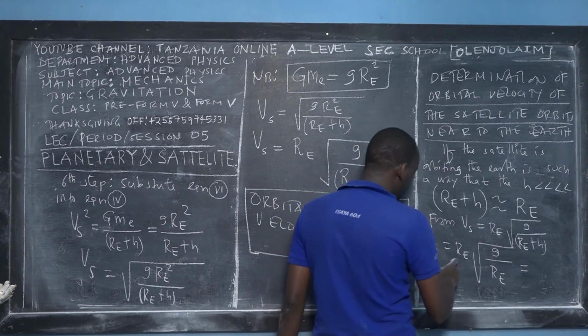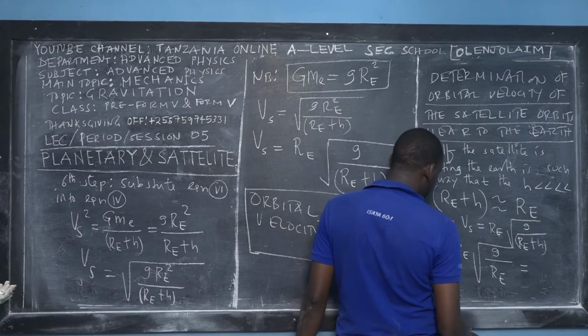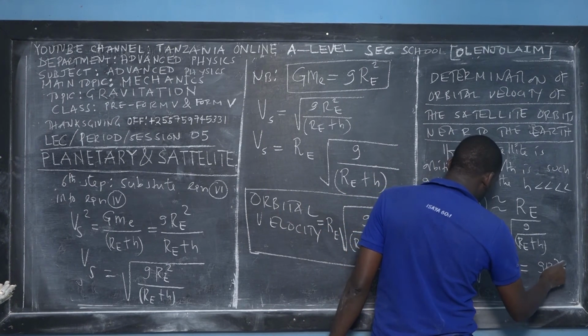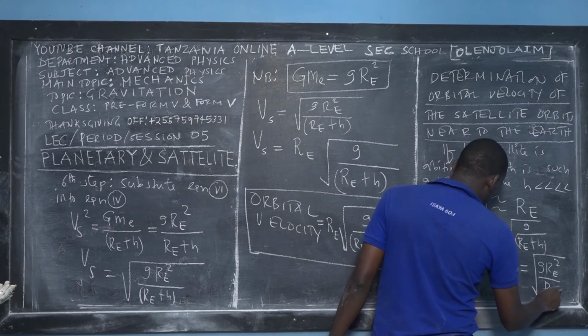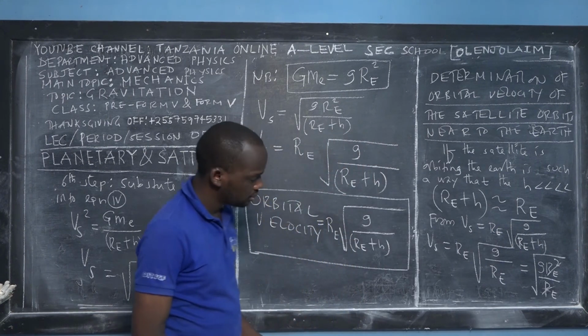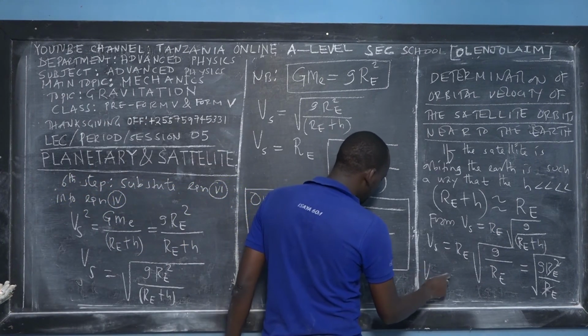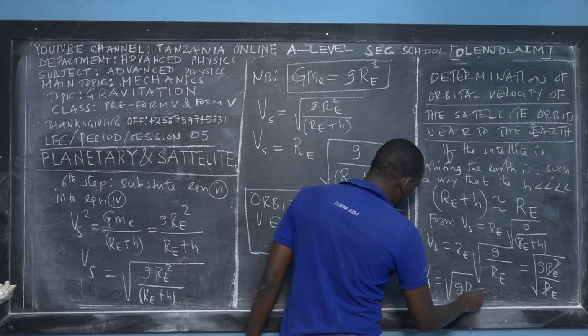If you simplify, you apply the radius of the Earth inside the square root, hence you'll find g R_E squared divided by R_E. So R_E and R_E will cancel. It remains that orbital velocity is equal to the square root of g times the radius of the Earth.